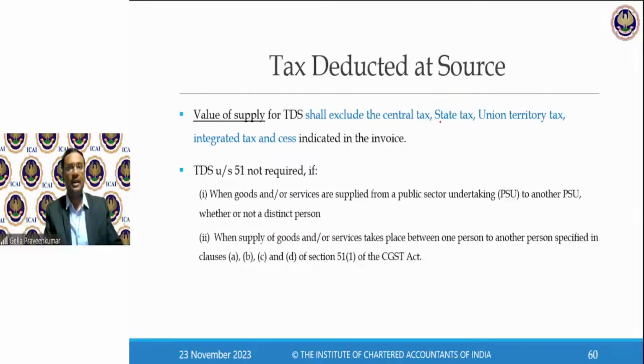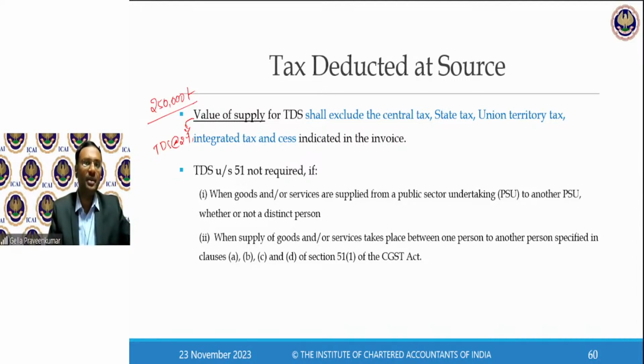Value of supply shall not exclude taxes. When you calculate this rupees 2,50,000, expect a 1 mark MCQ in examination on this value of supply. In addition to that, calculation of TDS at the rate of 2%, 1%, wait and watch for a 2 marks MCQ based on this TDS provision.